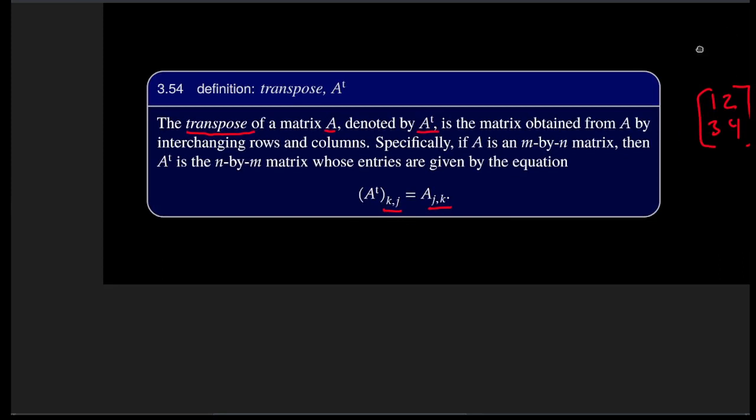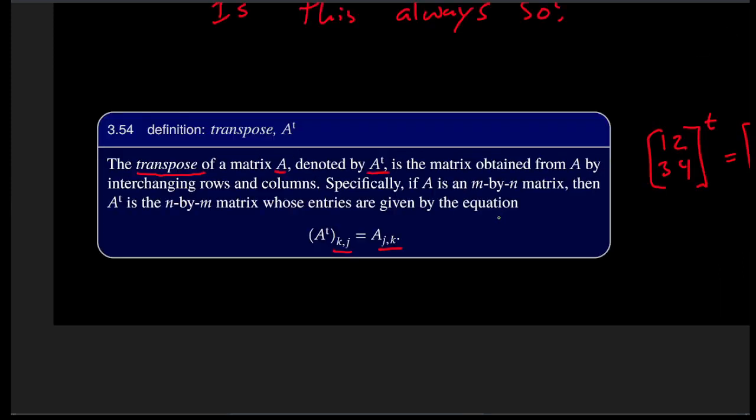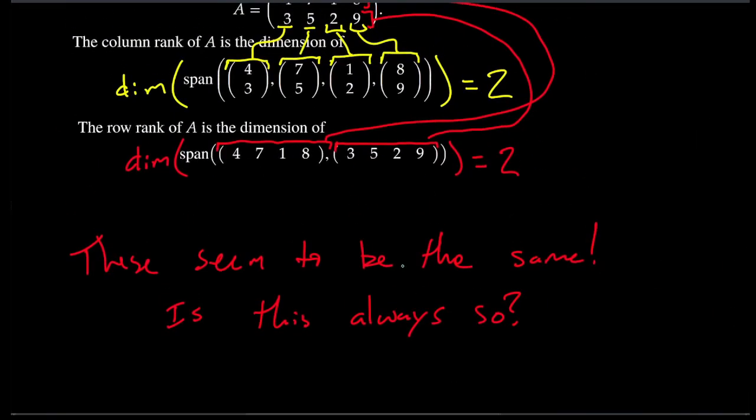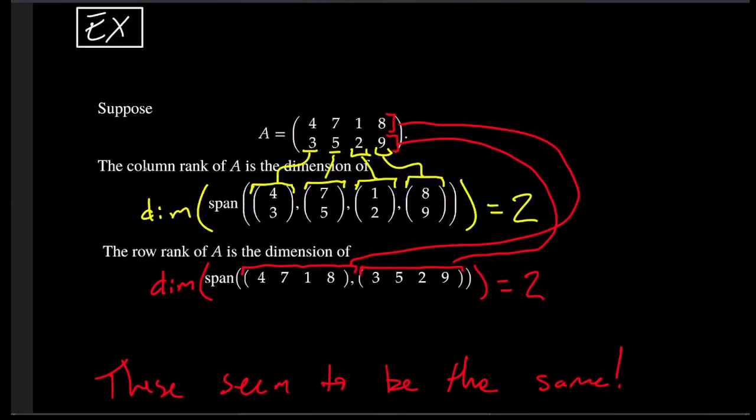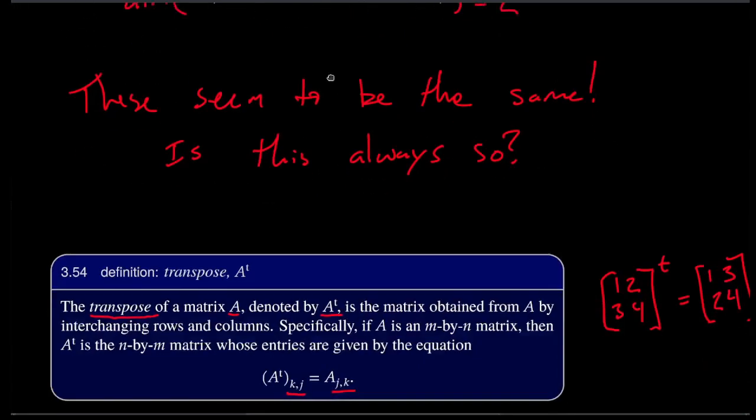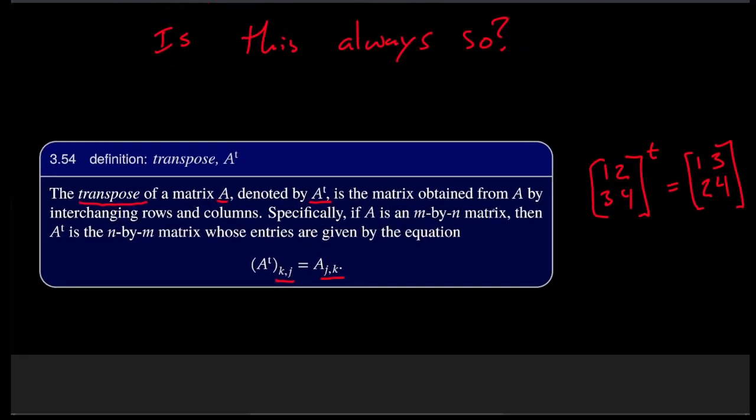All right, let's use this idea of flipping a matrix across its diagonal, turning rows into columns and columns into rows, to try to talk about whether or not the dimension of the column space of a matrix is equal to the dimension of the row space of a matrix. That is, the dimension of the space spanned by its rows and the dimension of the space spanned by its columns. It'll make sense to take columns and turn them into rows and rows and turn them into columns to see if these things are going to be the same.